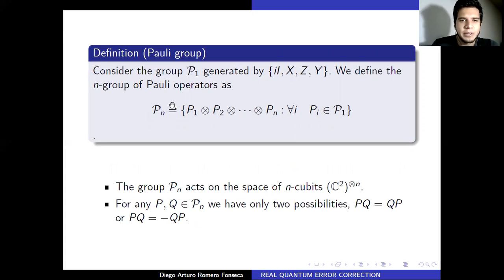And we define an element of Pn as a tensor product of n matrices in P1. Observe that Pn acts on the space of n qubits, and also if we have two elements in Pn, then we have just two possibilities. They commute or they anti-commute.